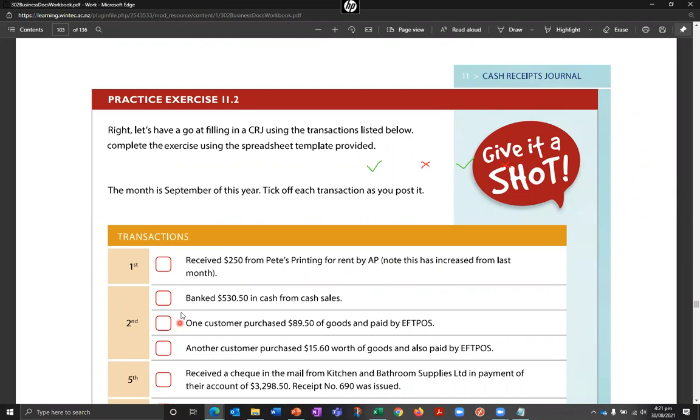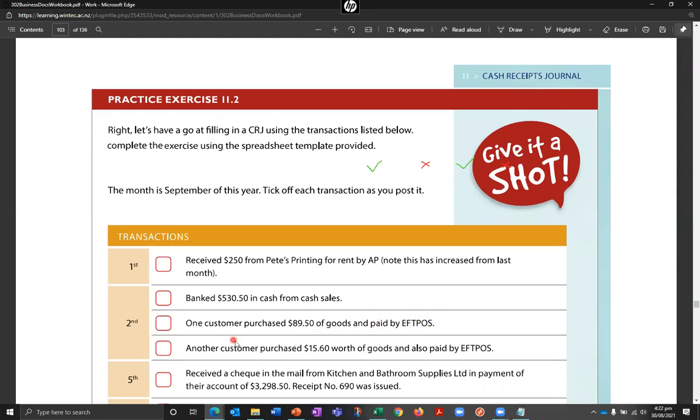So on the 2nd of the month, we had 3 transactions. One, we banked $530 in cash from cash sales. Now, whenever you see the word banked, that means a cash register summary. So that's going to be CRS. We also had one customer purchasing goods of $89.50 and paid by EFTPOS.